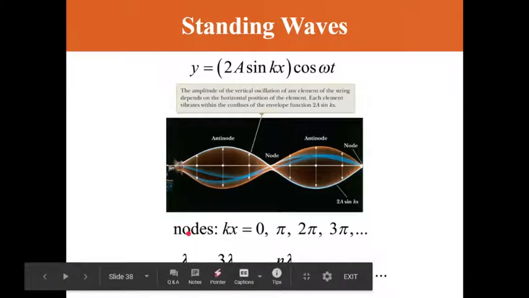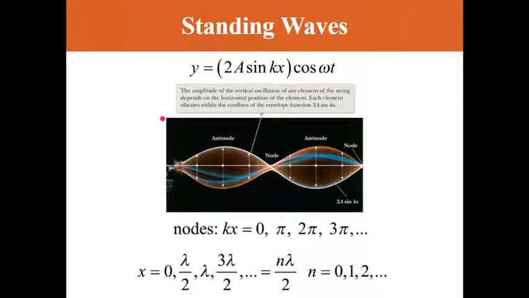We'll have another point of no displacement at a distance equal to the wavelength, then plus a half wavelength, 1.5 wavelengths. So the general formula for locating these points of no displacement is n lambda over 2. And we call these points where there's no displacement nodes. The way to remember that is that a node is a point of no displacement.